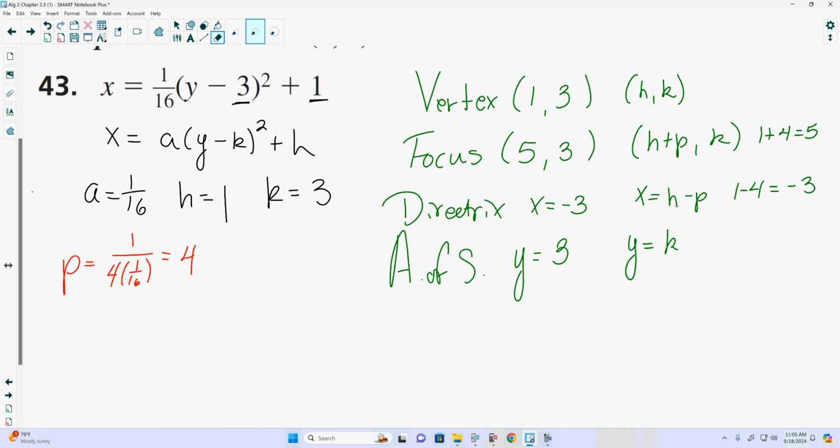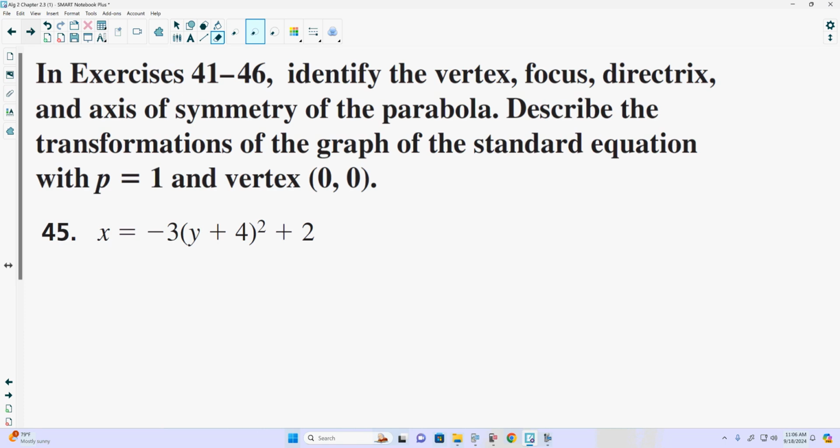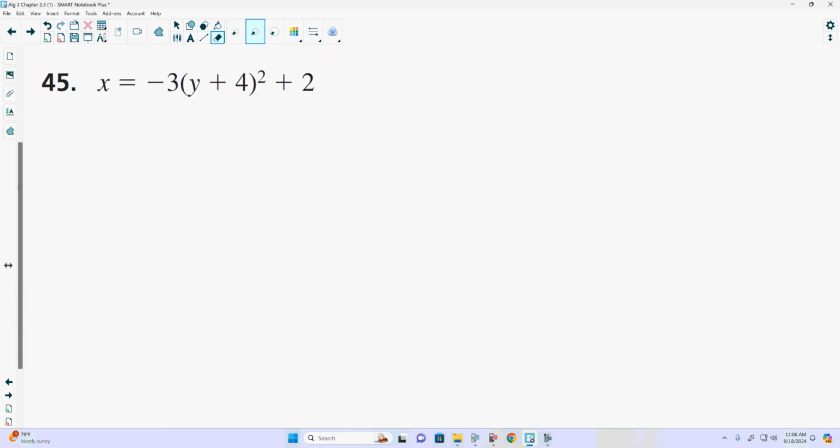Questions on this here? Let's look at one more because I feel like we're getting the hang of this, yes? Let's look at 45 because it's another one with x.